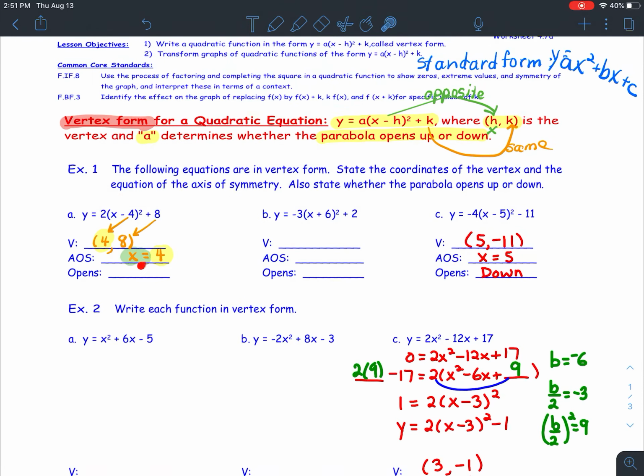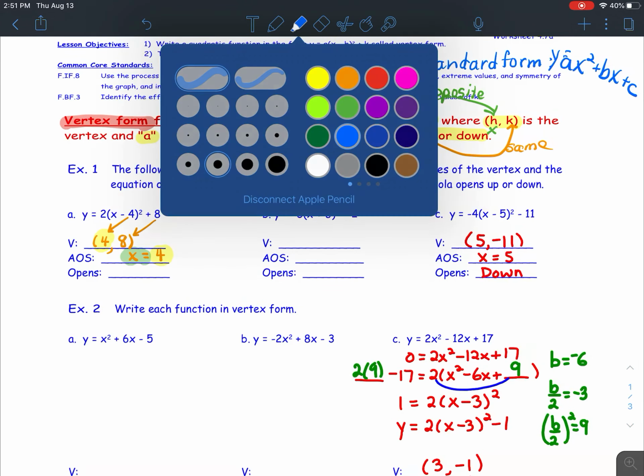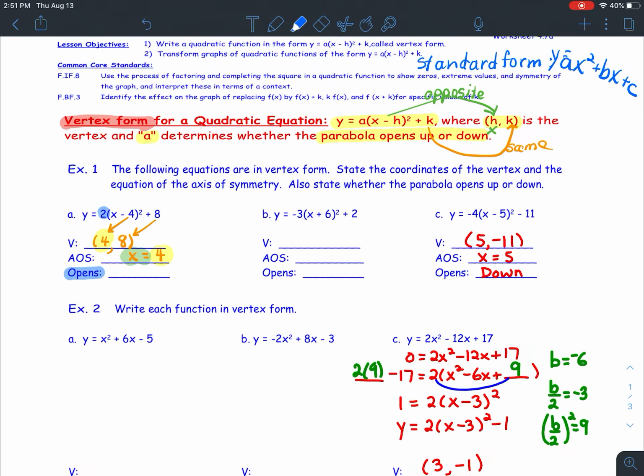So whatever you're saying the x-coordinate of your vertex is, that is also going to be the equation for the axis of symmetry. By the way, very important that when you write the equation for the axis of symmetry that you always include an x equals in front of it. Don't just write down the number 4. A number sitting there by itself doesn't mean anything. The axis of symmetry is always referencing a vertical line, and the way to represent a vertical line is to say x equals and then the number.